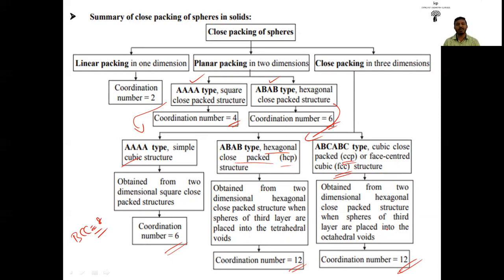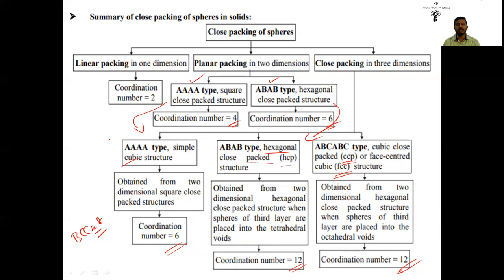So how can we remember this pattern as well as coordination number? It's very simple. You have to remember the coordination number for different types of arrangement. We have only even numbers like 2, 4, 6, 8, then 12. There is no 10 because not even a single arrangement exhibits a coordination number of 10.